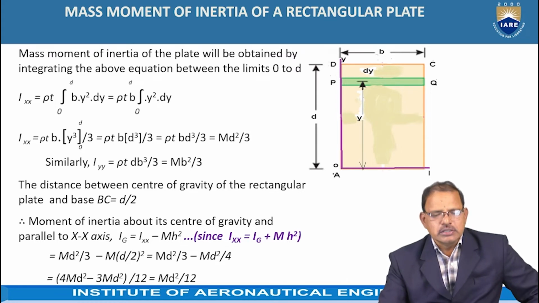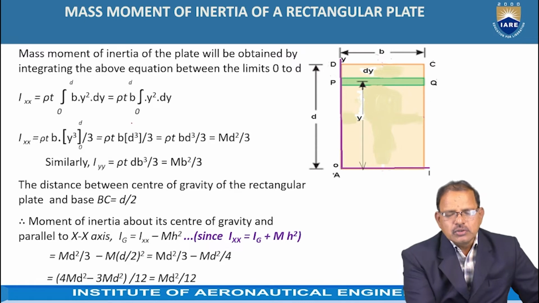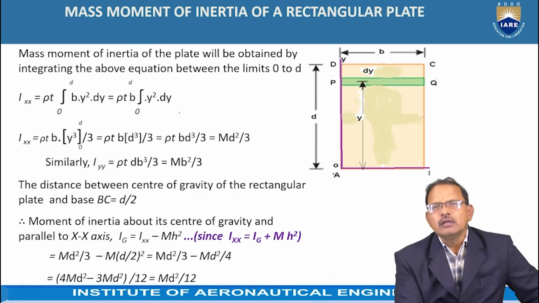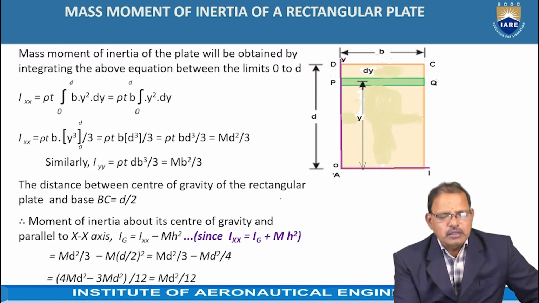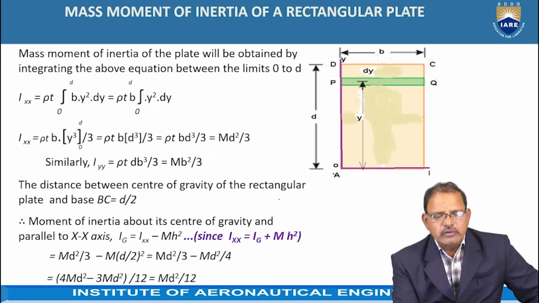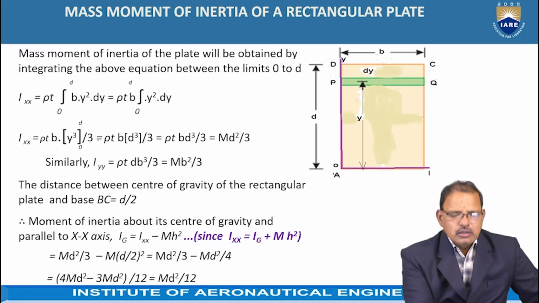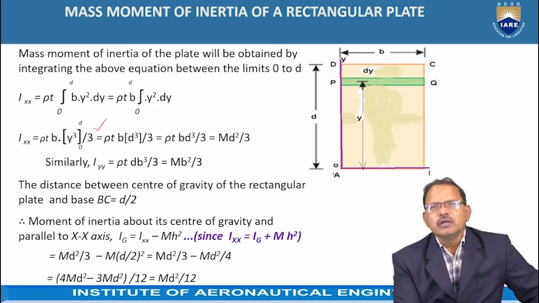Hence B is also constant. It can be written as rho T B into integral 0 to d of y square dy. So on integration we get rho T B into y square integration, which is y cube by 3. Limits are 0 to d. So it is equal to rho T B d cube by 3.